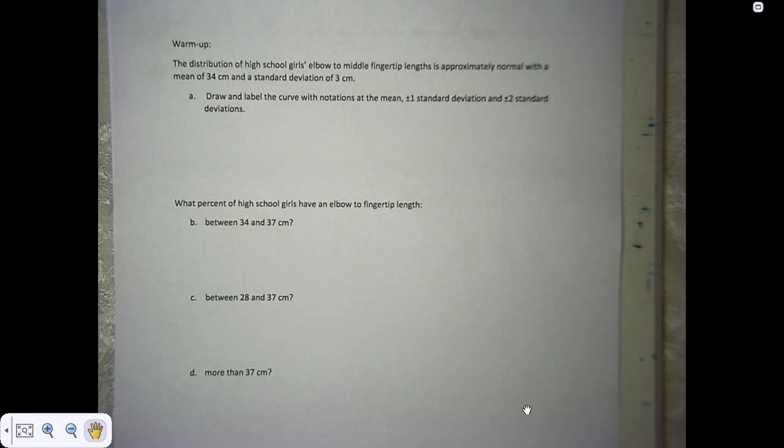And then after that, what percent of high school girls have an elbow to fingertip length between 34 and 37 centimeters, between 28 and 37 centimeters, and more than 37 centimeters? Would you please pause the video at this point and do your best to try those problems, and we'll work through those after the break.